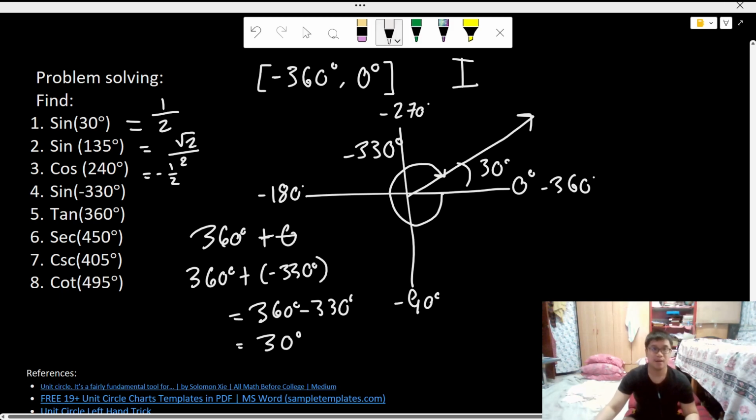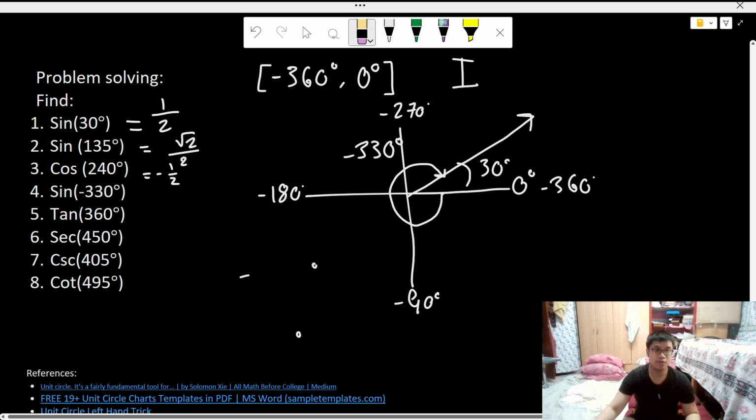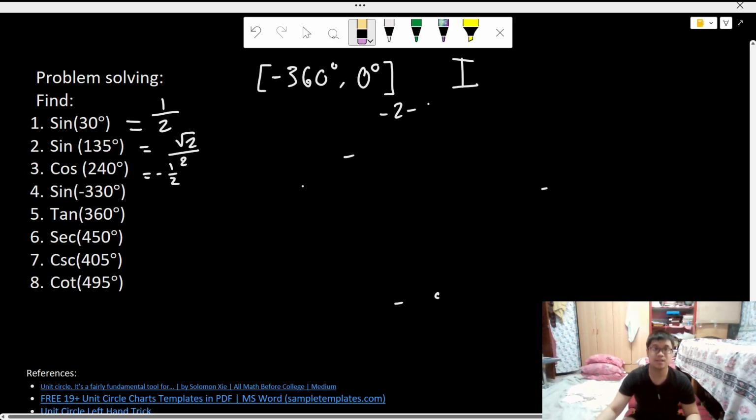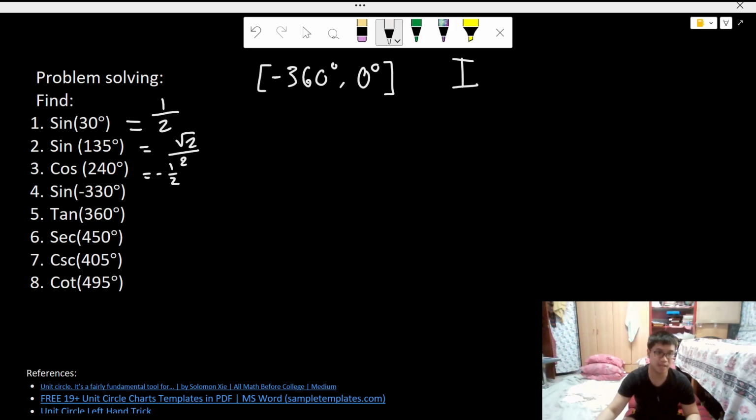Now that you have found your reference angle of negative 330 degrees, we can say that sine of negative 330 degrees is just equivalent to sine 30 degrees. But wait, we're not done yet.